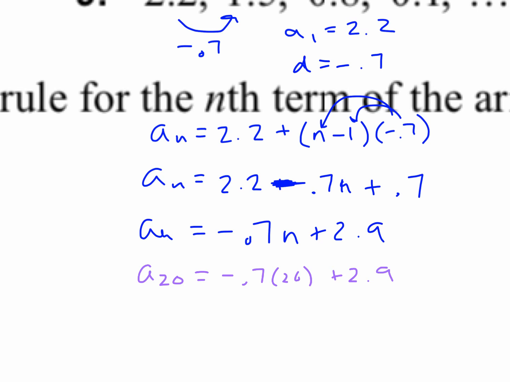You just put in your calculator. So -0.7 times 20 plus 2.9. And that would be, what'd you guys get for this one? -11.1.